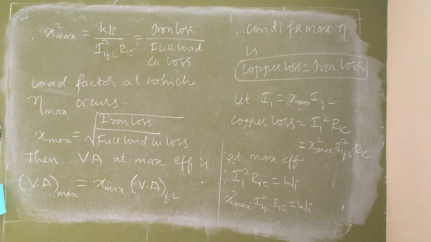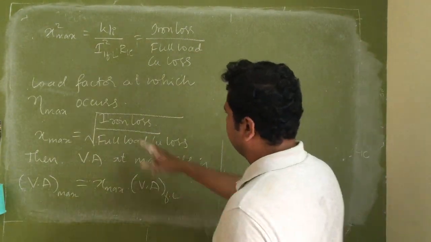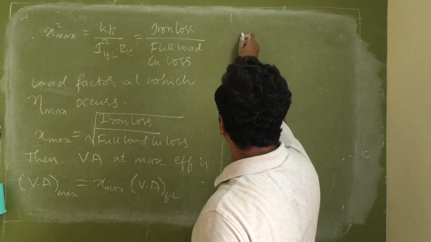Okay, x max into VA full load. Now what is x max? Iron loss by copper loss under root.